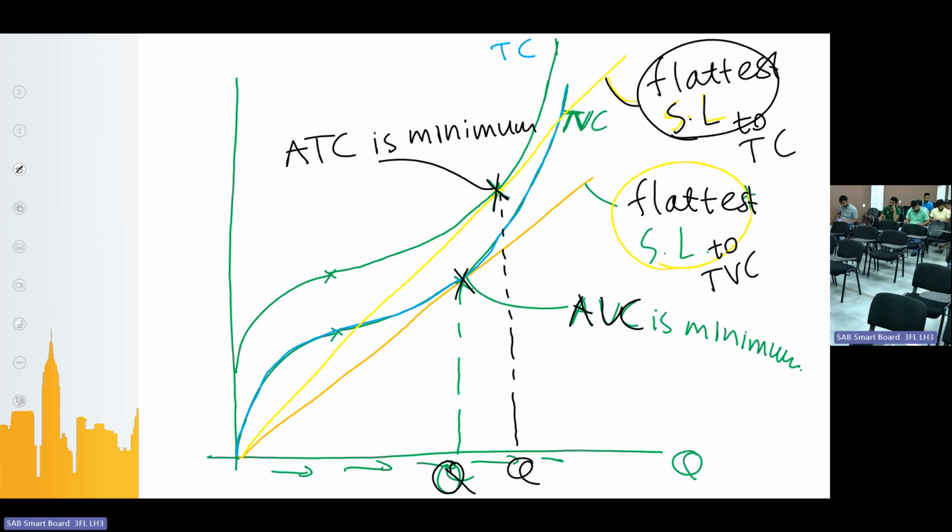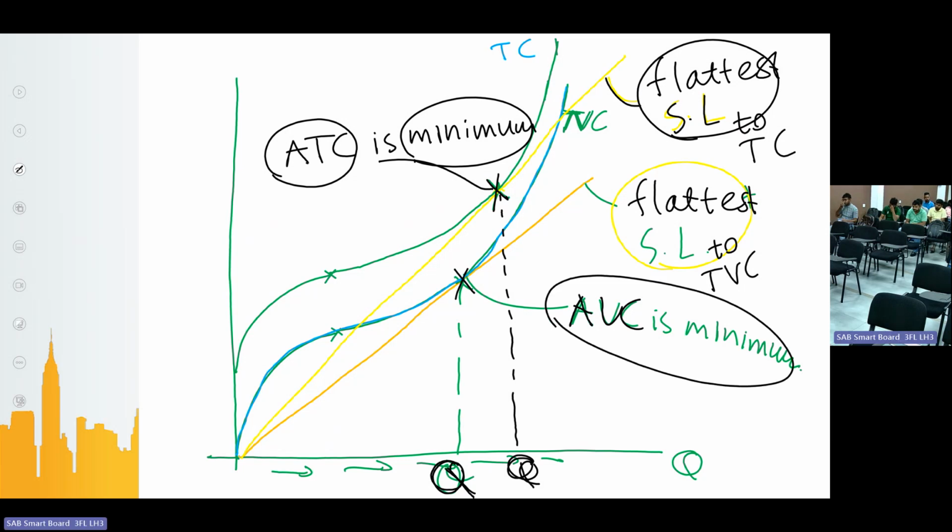So the average variable cost minimum point is at this level of output. The average total cost minimum point is at this level of output. So average total cost reaches its minimum after the minimum point of AVC.